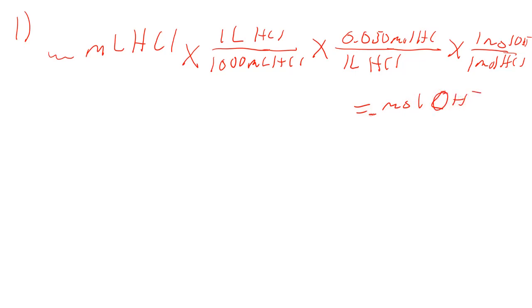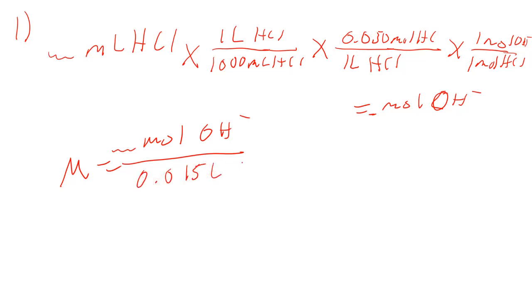And then remember to calculate molarity, we need to do moles per liter. You're going to take whatever moles you got in the last step and divide that by, you started with 15 milliliters of hydroxide, which is 0.015 liters. And that's going to give you your concentration of your hydroxide ion.